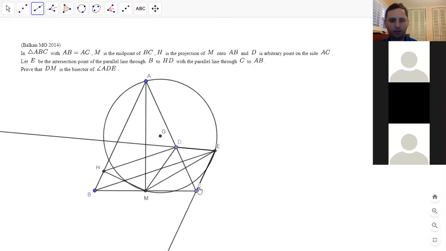Okay. If we can show that EM bisects this angle, that would solve it. Or if we can show somehow that M is the excenter of ECD.